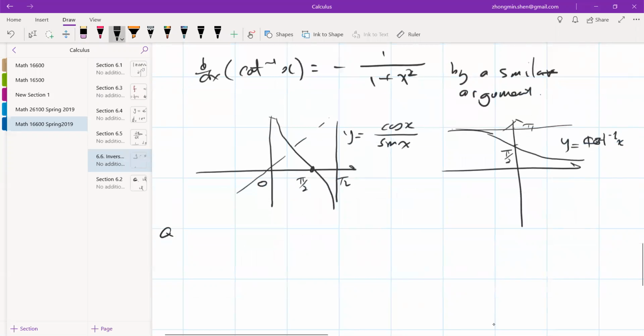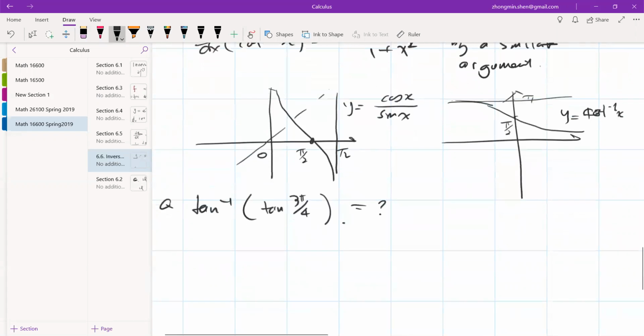All right. So now let's try to find the exact value of several problems here. Find the exact value of this. All right, so we have to be careful, this is a number, right? Arctangent of tangent of 3 pi over 4.